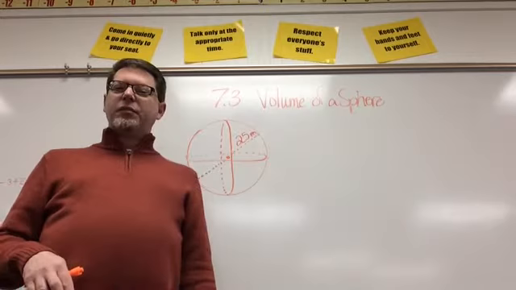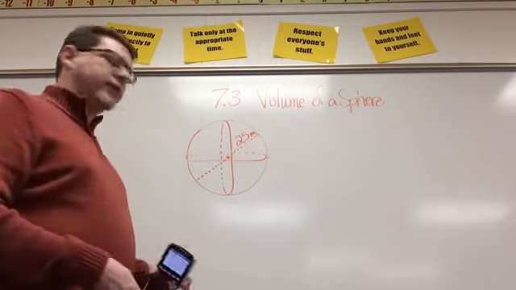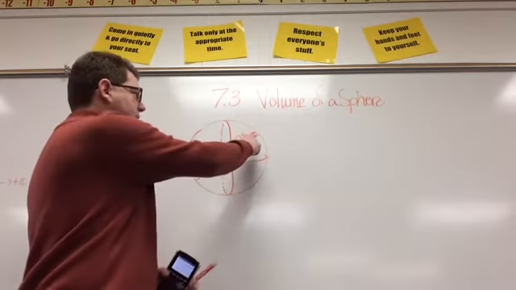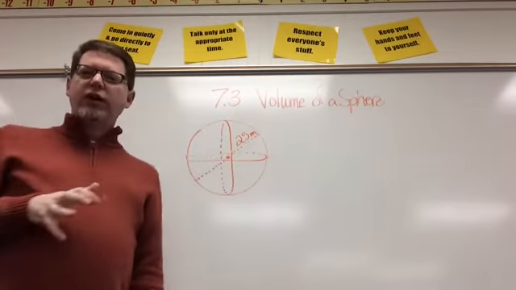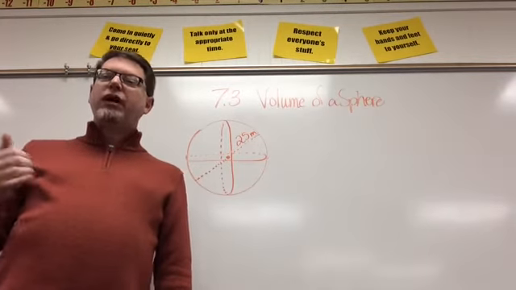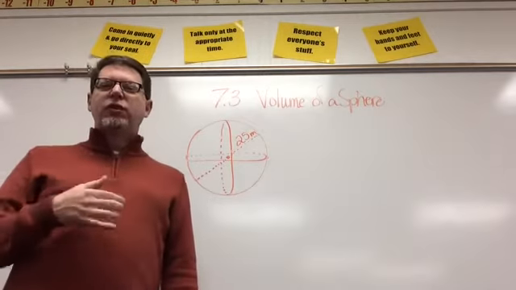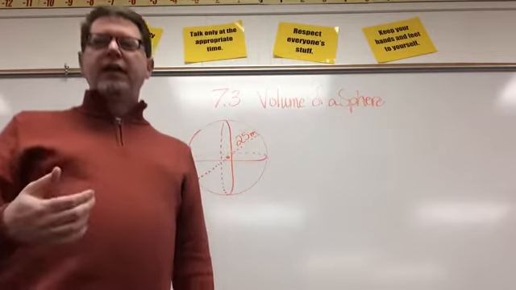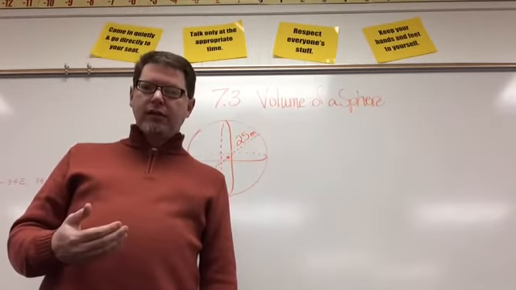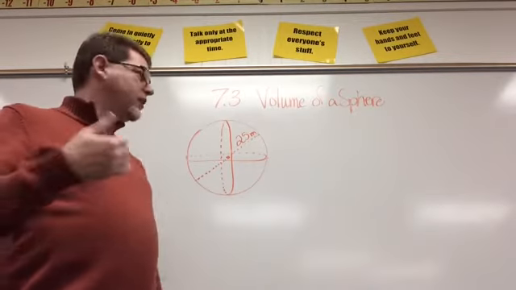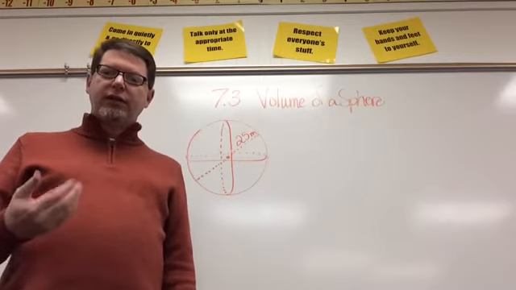Let's do one more example together, and I have another sphere, but this time you'll notice that this dotted line goes all the way across, so you'll remember that that represents the diameter. So this is telling me that the diameter is 25 meters. If I know the diameter, I need to be able to find the radius, and you'll remember that to find the radius, I just divide the diameter by 2.